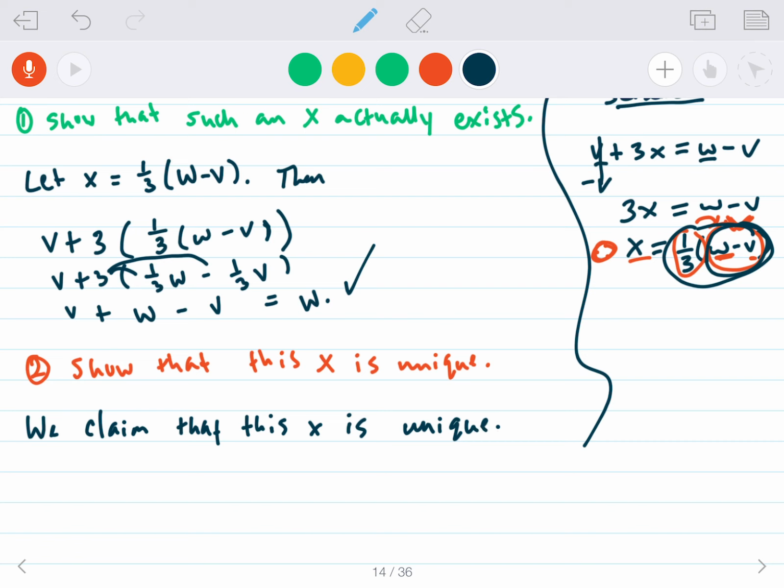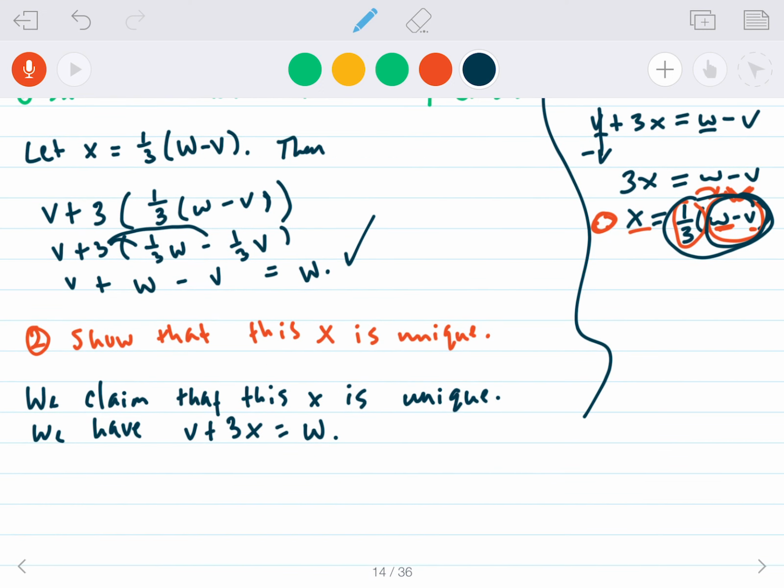We have V plus 3x is equal to W. I know that W is in my vector space and has an additive inverse, so I can subtract W from both sides, giving me V plus 3x minus W is equal to 0.